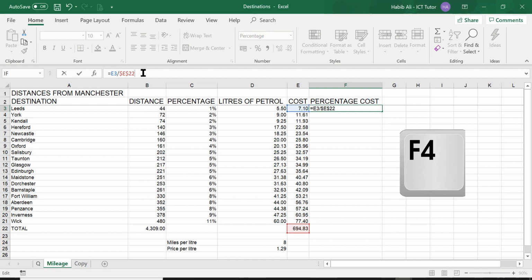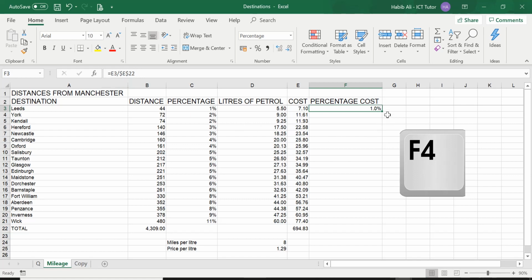It just saves you a bit of time, just a quick shortcut if you like. Once you've done that, you press enter and there's your final formula, which is correct now because E3 is a relative reference and E22 is now an absolute reference because we do not want E22 to change.